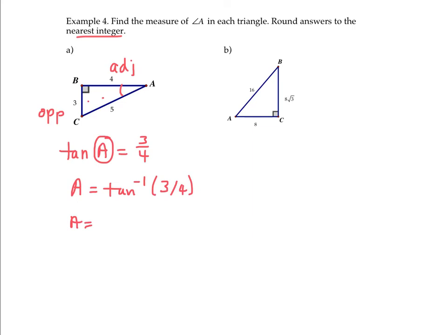So second tangent and then type in 3 divided by 4 and hit enter. Now when you see this decimal, you're going to see 36.8698 and so on. Remember the directions say round to the nearest integer. So we're going to say that the measure of angle A is 37 degrees.